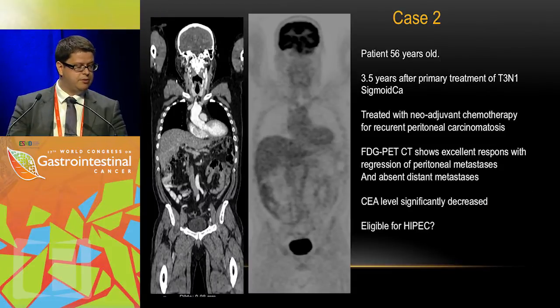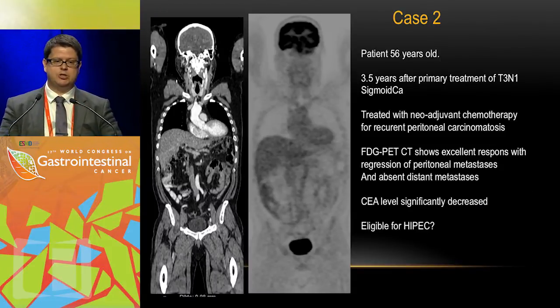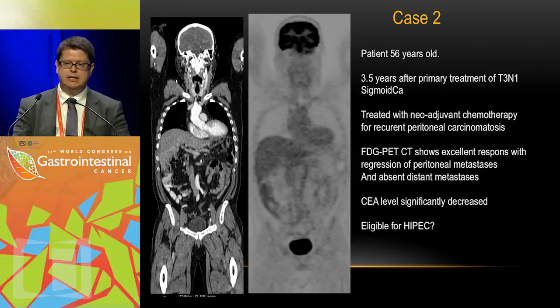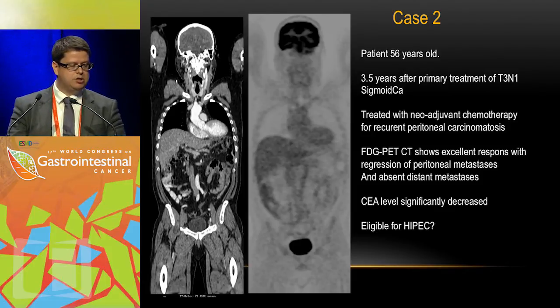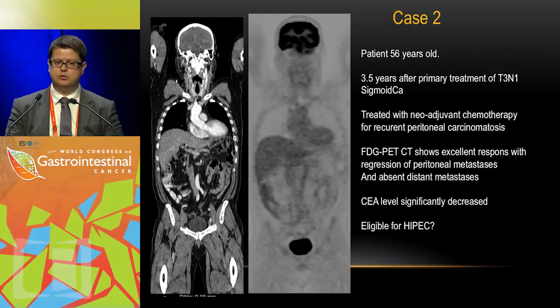When we go to the second patient, this is of course the patient that I already showed, but now I want to go into more detail on why this is inoperable. So again, a 56 year old patient after neoadjuvant chemotherapy. Of course, we know it's a mucinous adenocarcinoma, so they are not really FDG avid.